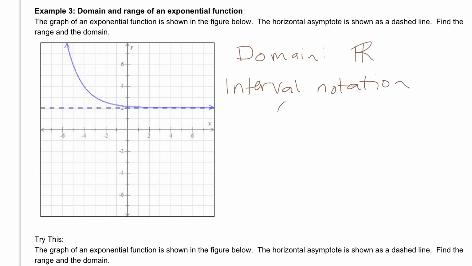You'll put it in parentheses because we're not including -infinity and positive infinity because they're not actual numbers. So we would say from -infinity to positive infinity and close the parentheses. So all real numbers in interval notation looks like that.